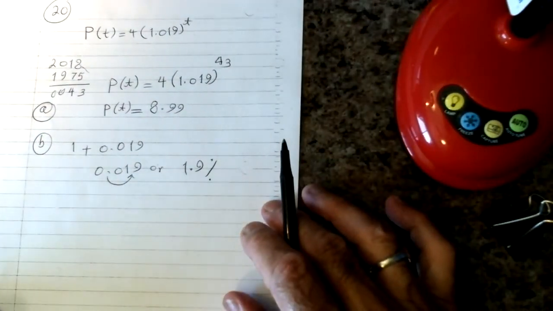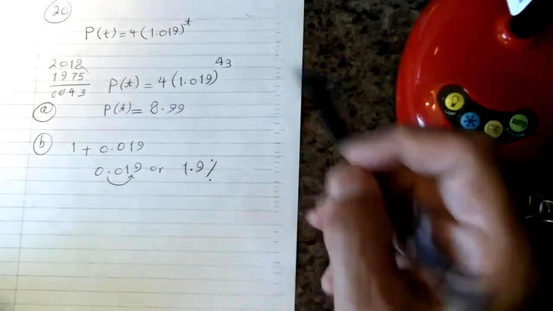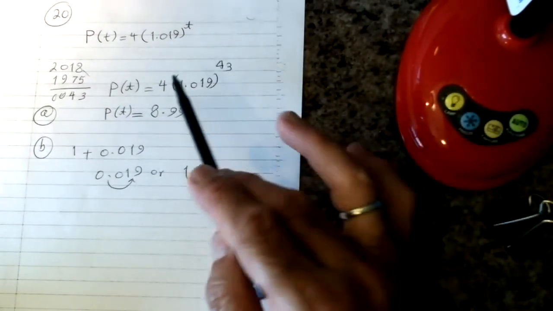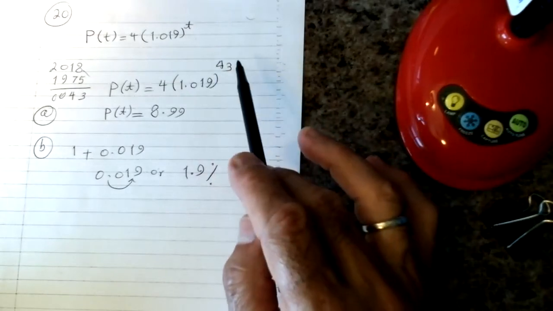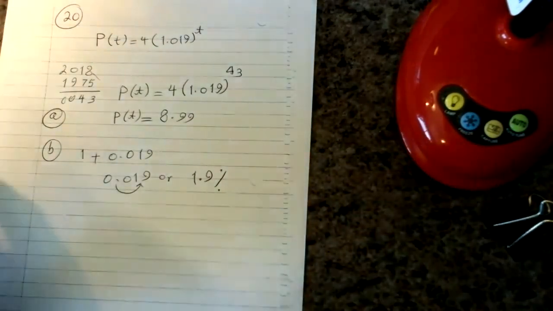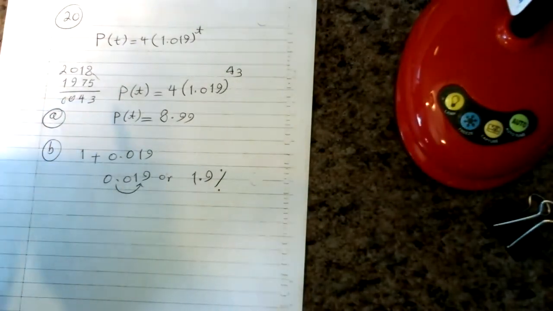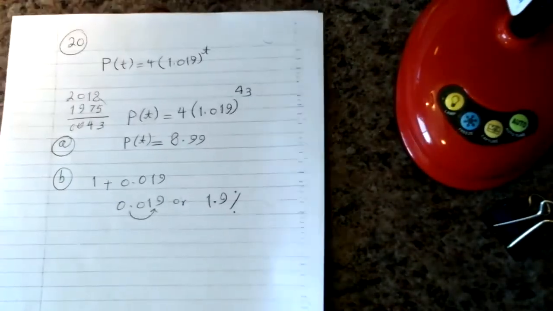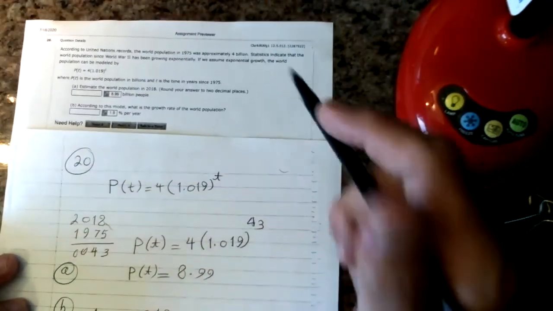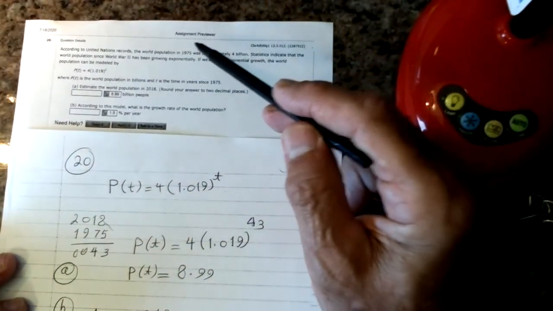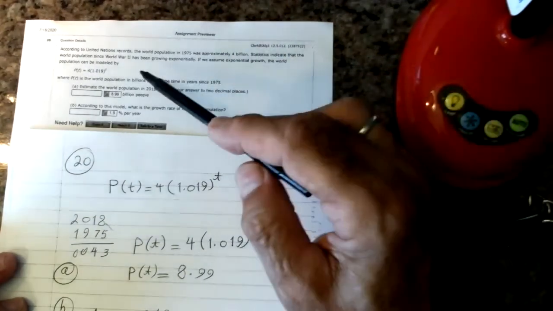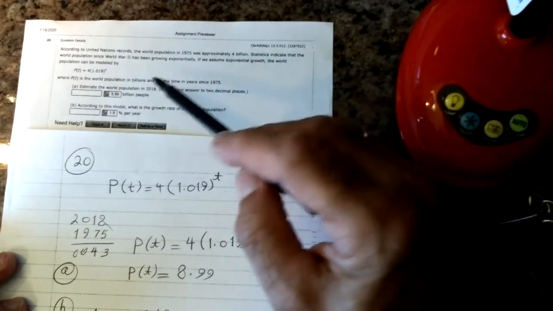Number 20, same thing. Let me read number 20 for you first here. According to United Nations records, the world population in 1975 was 4 billion.